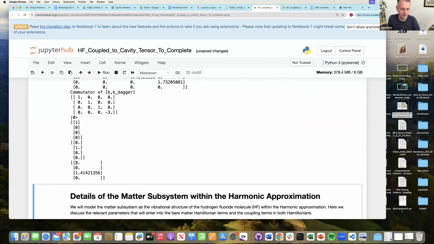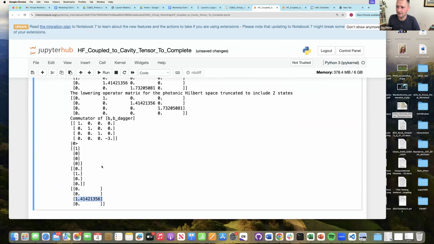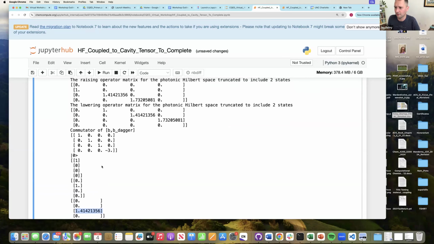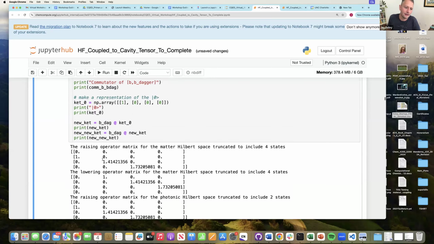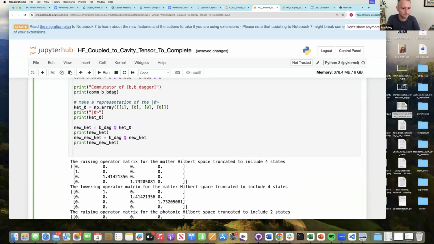Yes, this is now giving me ket 2 times square root of 2. I could keep going, but I'll run into problems if I exceed my basis. If I did this 2 more times, I'd run into trouble because I'd try to raise into a basis state that I don't have. I can also show you that if I try to lower from the 0 ket, I'll get 0. That's maybe the last thing I'll do, and then we'll move on.